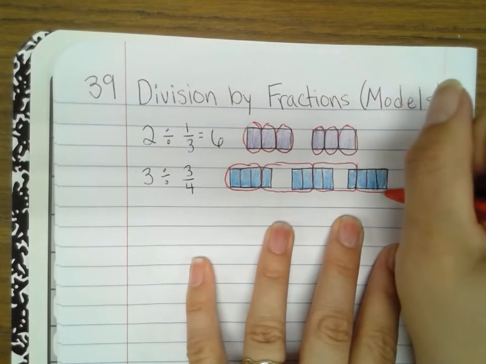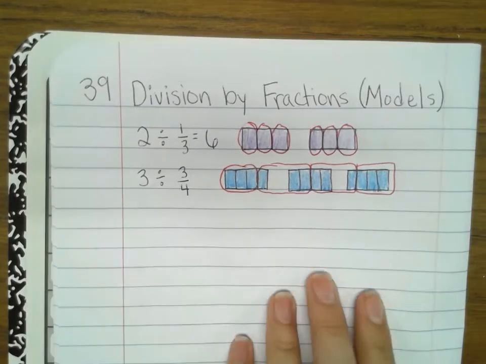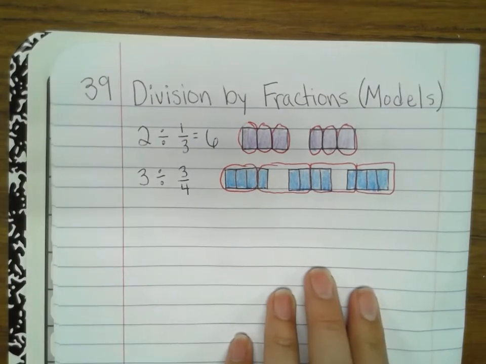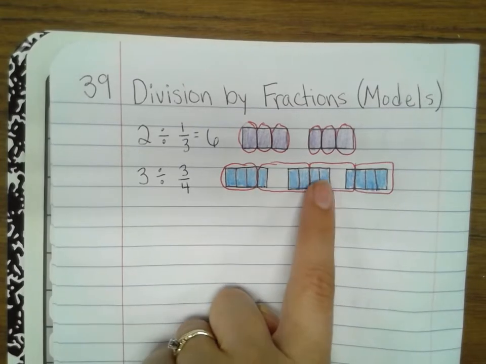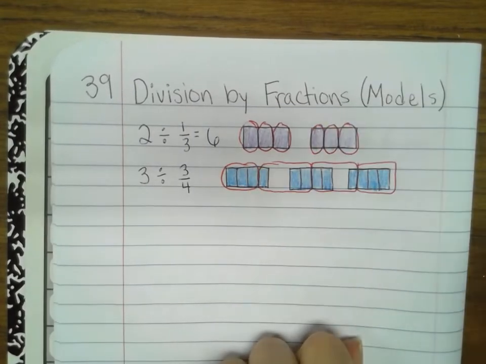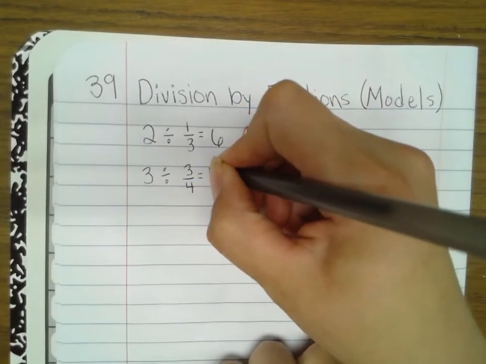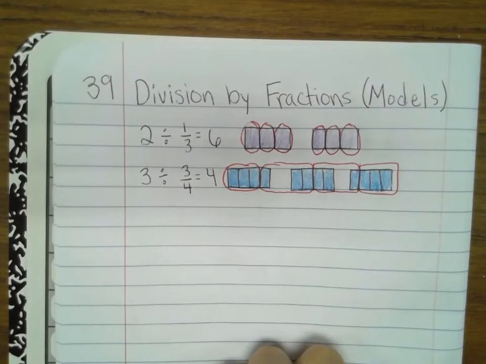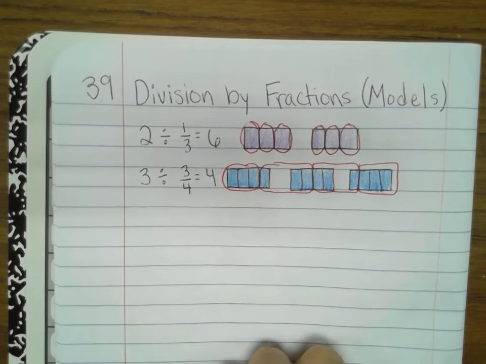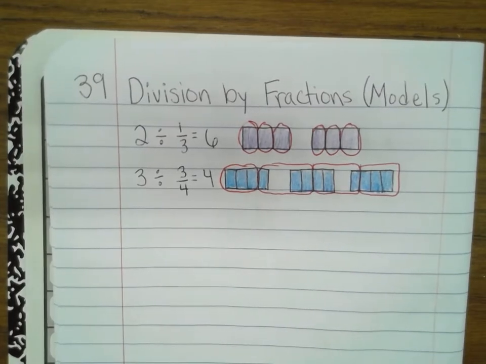And my last group of 3/4. So by doing this, I can see that I have 1, 2, 3, 4 groups of 3/4. Okay, let's try another one.